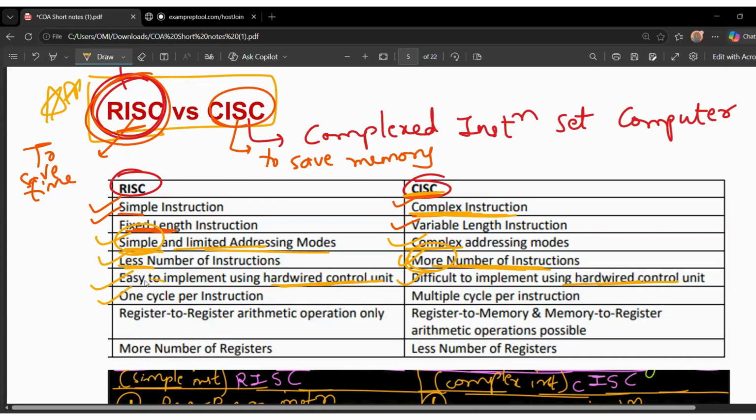Here one instruction takes one cycle; there, multiple cycles per instruction. Here mostly register to register arithmetic operations; there register to memory or memory to register. Here more registers are used, and there fewer registers are used.